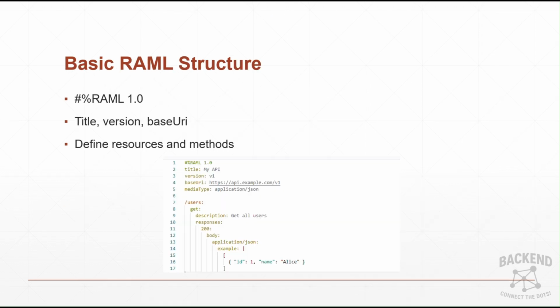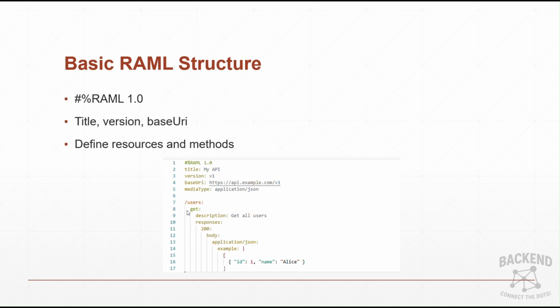In this slide, I would like to show you what the basic structure of the RAML looks like. If you see this, this is the basic structure. RAML needs to be started with hash percentage RAML 1.0. That's the latest version. And you can give the title of your application, the version, and the base URL for your application, and define the resources and the methods.